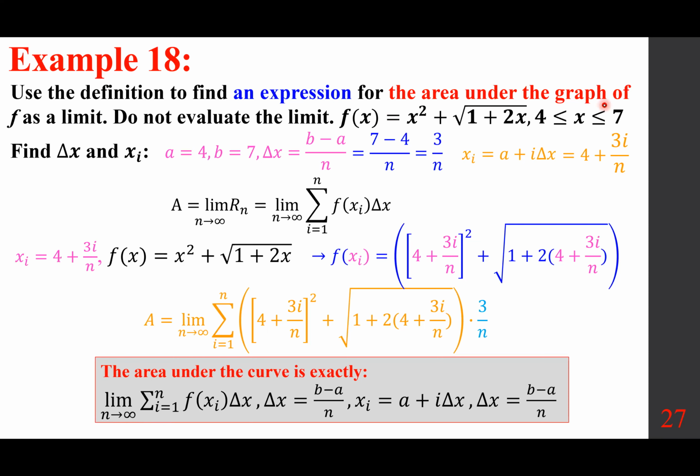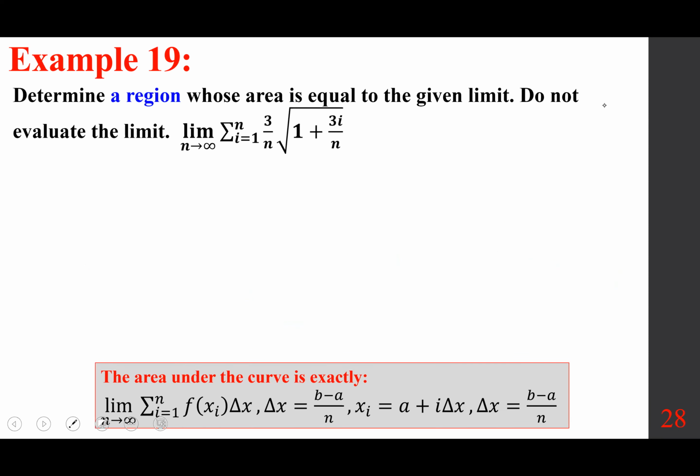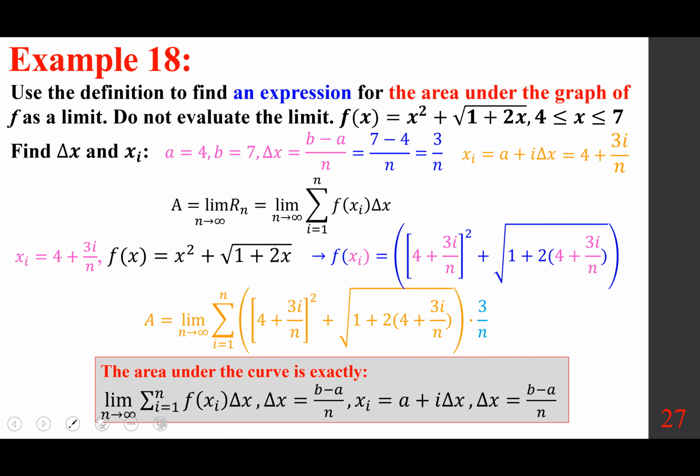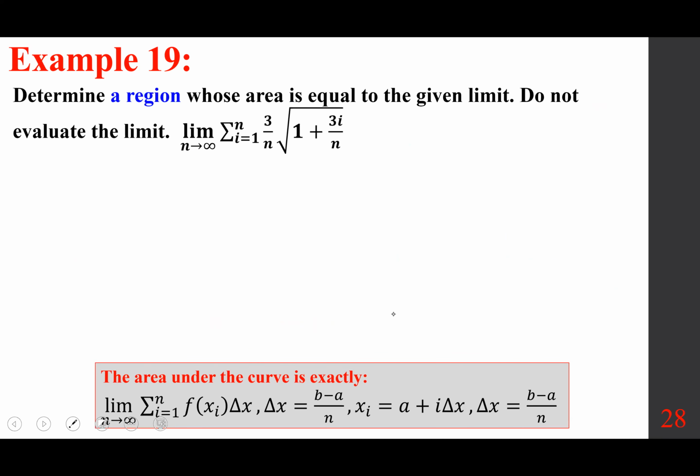Okay. Now, we came up with this limit. Now, if they give us the limit, can we come up with the function and a and b? That's the idea. Okay. So let's see what we have here. Again, we are going to write A is the limit of R n as n goes to infinity equals that.